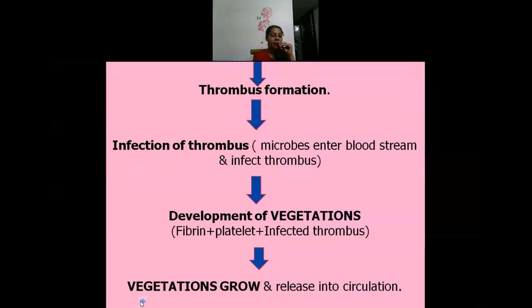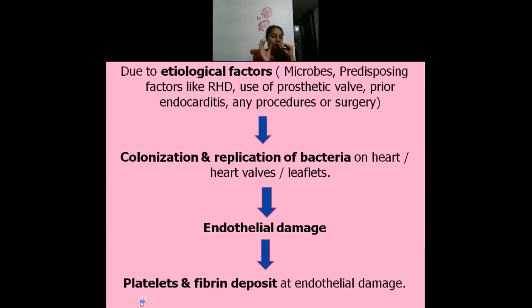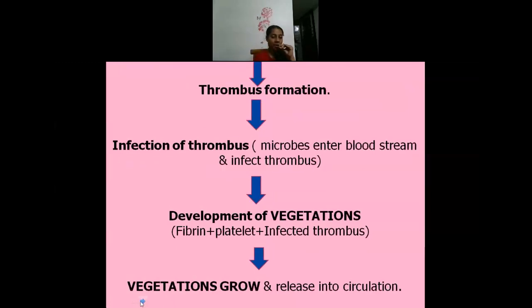And what happens when the platelets and fibrins are deposited? Already we have studied in the stages, isn't it? It will result in a clot or a thrombus formation. Clot or thrombus formation happens when the platelet and fibrin is getting accumulated or deposited on the endothelium. Finally, what happens is this thrombus or clot will become infected.